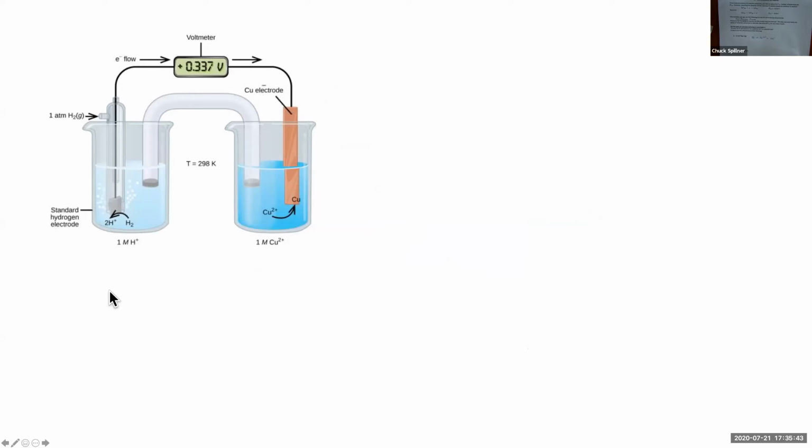So the SHE is being oxidized, and the copper ion is being reduced. So we find the H2 going to 2H plus and 2 electrons, that is oxidation on the anode side, and Cu 2 plus and 2 electrons going to Cu, which is reduction on the cathode side.